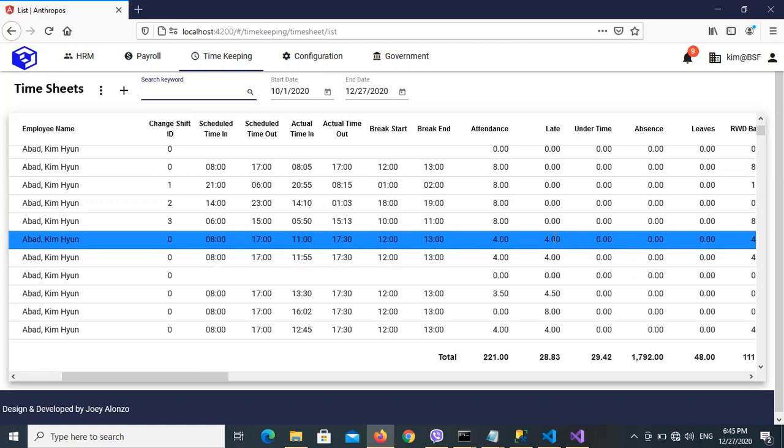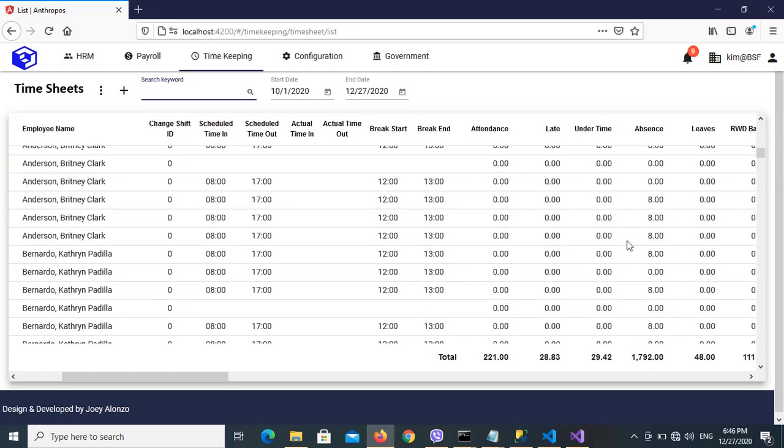But the late here is already 4 hours, so it means it's considered half day. That's because of the setting in the schedule, wherein if it is 3 hours or more, it is already considered as a half day. There is a minimum number of minutes that is considered half day. So therefore here, it is half day, and the attendance is now 4 only. Okay, so that is for late.